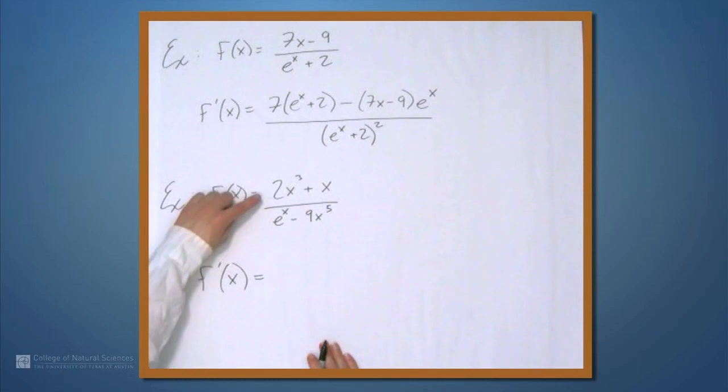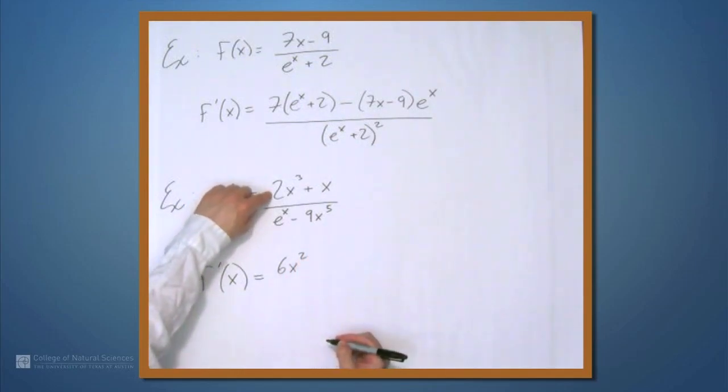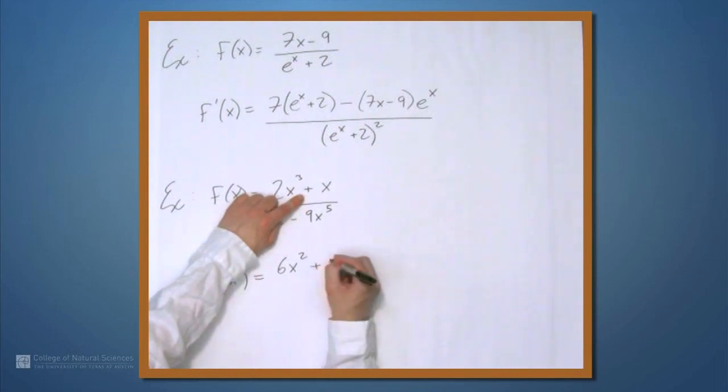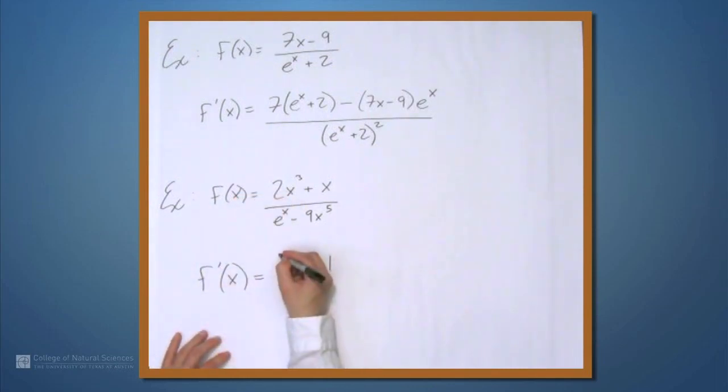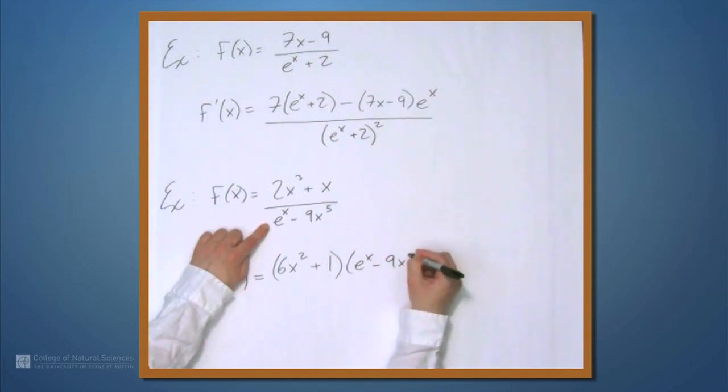Well, f prime, we start by taking the derivative of the top, which is 6x squared, right? The derivative of 2x cubed is 6x squared, plus the derivative of x, which is 1. So this thing times the denominator, e to the x minus 9x to the 5th.